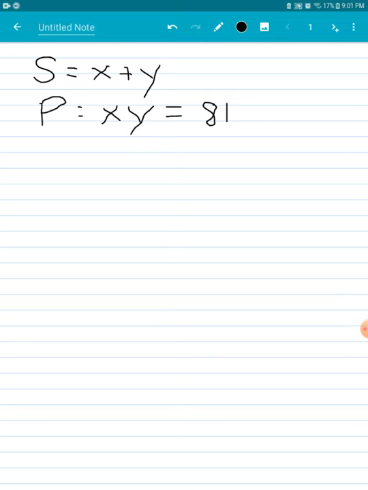Now, next we solve for y in that equation, for P. We divide this equation both sides by x, giving us y equal to 81 over x. Then we substitute that into the formula for the sum S here.